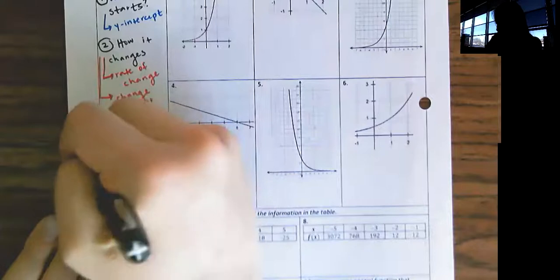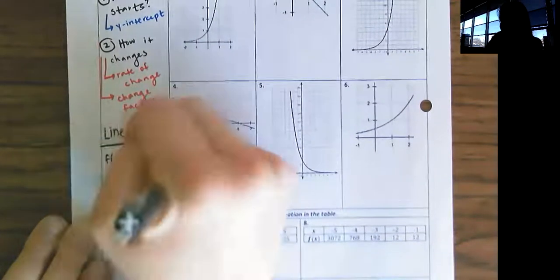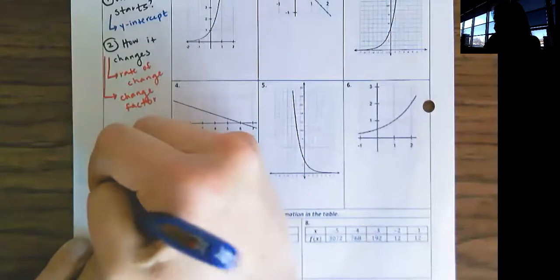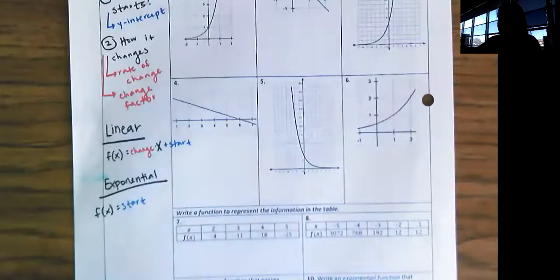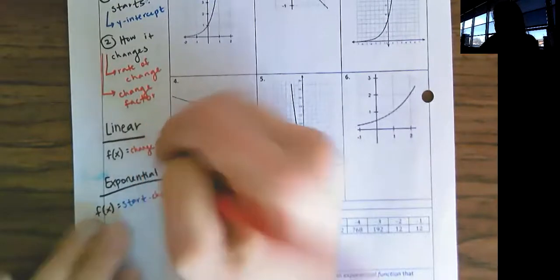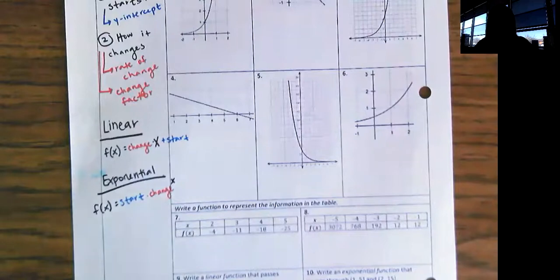For exponential, we say f of x equals, and these ones, because f of 0 is at the front, we say the start times the change to the power of x. And that's what this looks like.